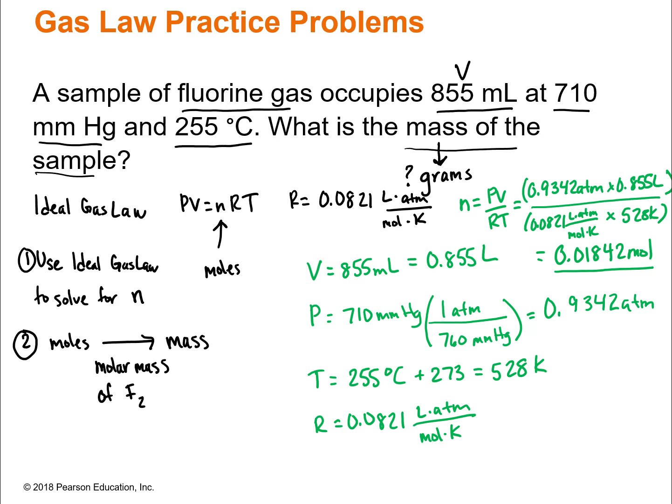Now we need to use that with the molar mass. The molar mass of fluorine gas is about 38 grams per mole. Your calculator is going to say something like this.